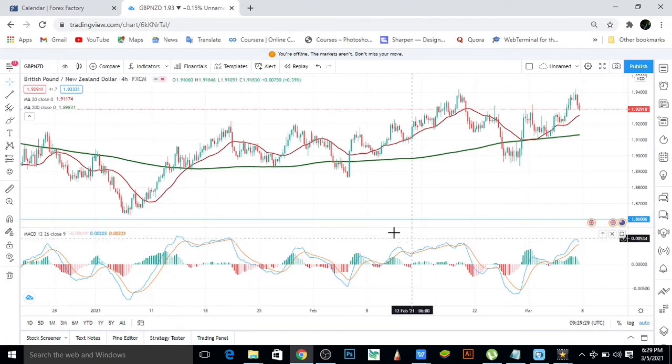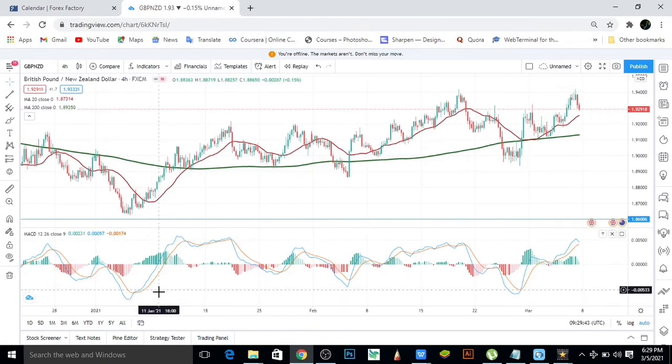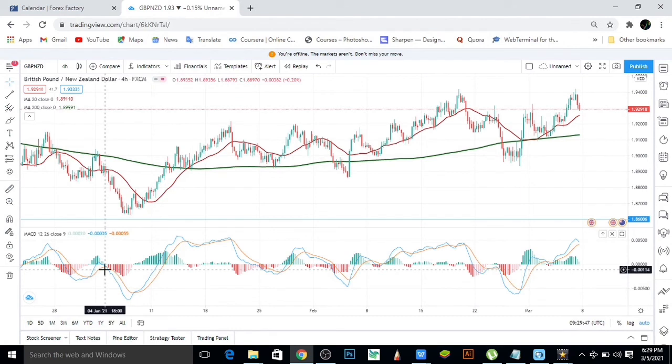And that will tell you to buy. In this territory down here, you are looking for the blue line crossing down over the orange line, which will tell you to sell.